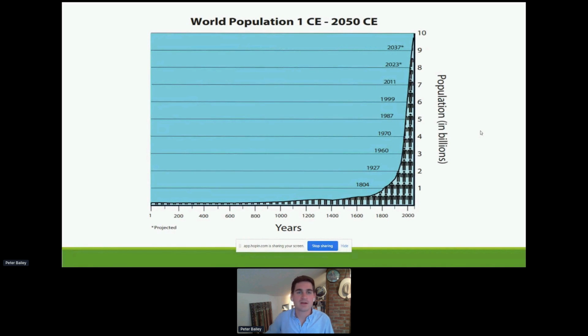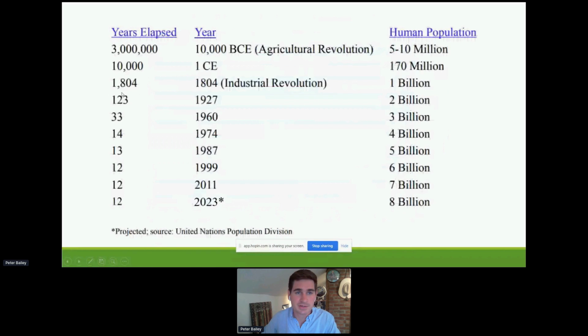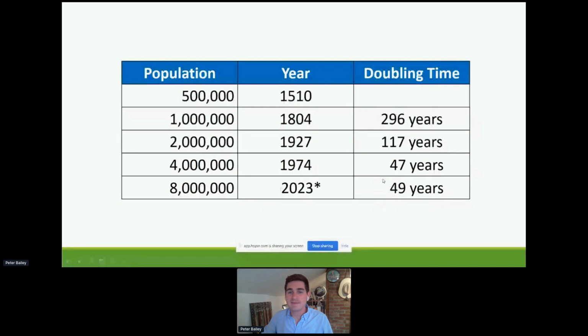Of course, we call it the J curve because it's steady for so long, and then there's that rapid increase starting around the Industrial Revolution in the year 1800. Other ways to look at it, and this is really helpful for math teachers, is to see this in chart form, or even the doubling time.